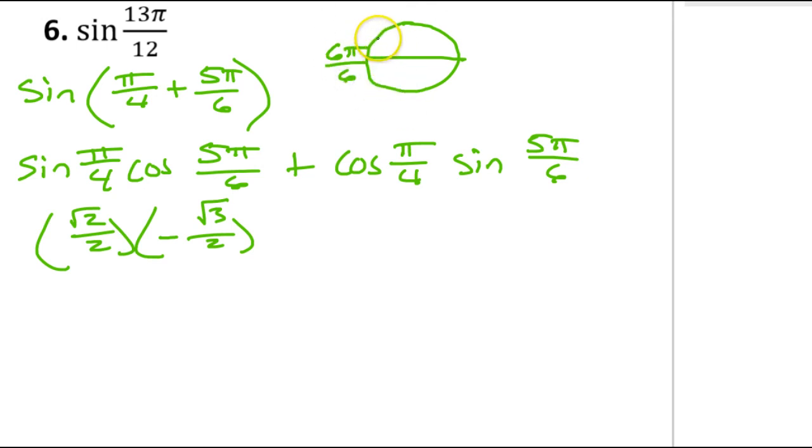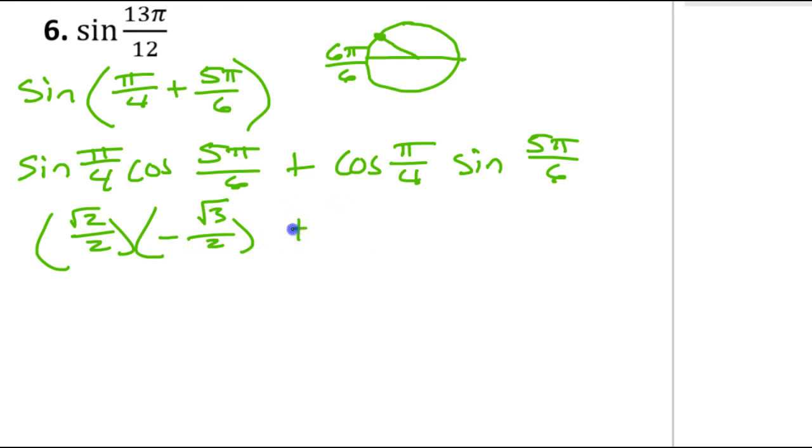So 5 pi over 6 would be 1 less than that. So that would put 5 pi over 6 here in the second quadrant, where cosine is negative because it's an x value, and this is to the left. Okay, so that's why I know it will in fact be negative radical 3 over 2.